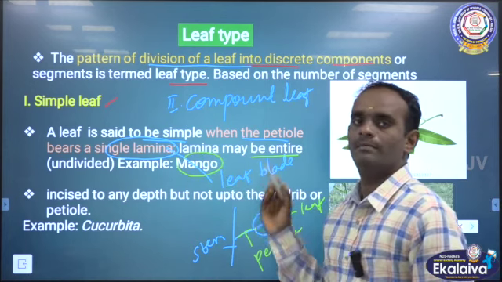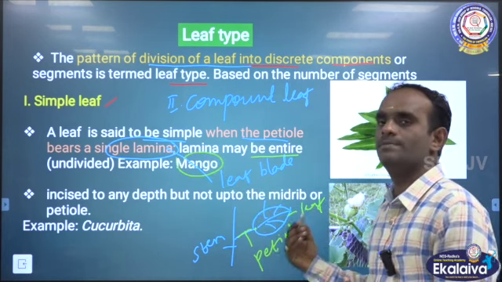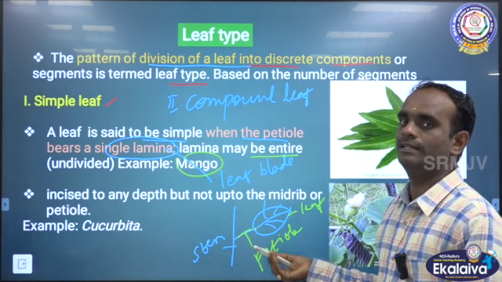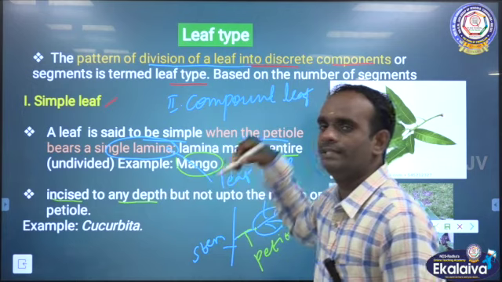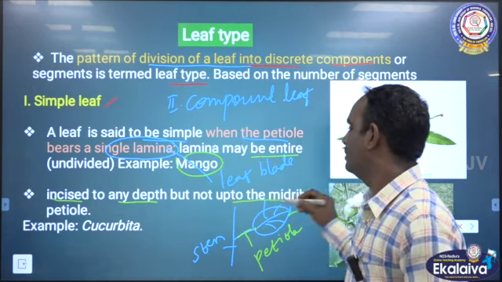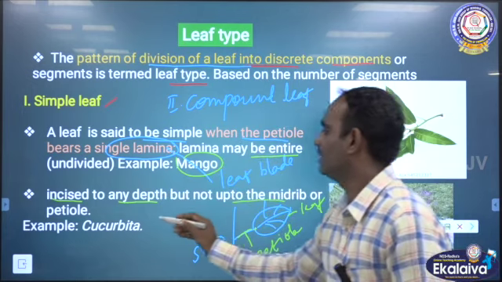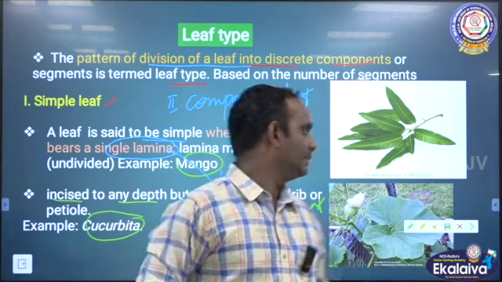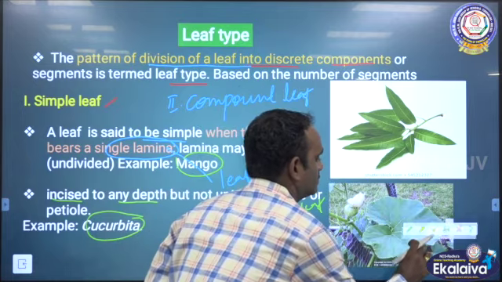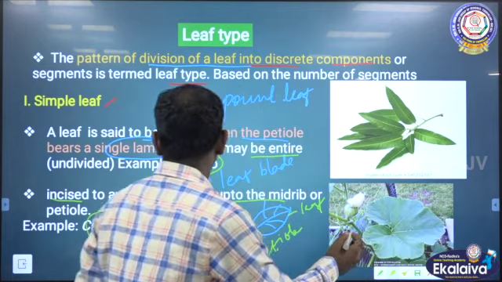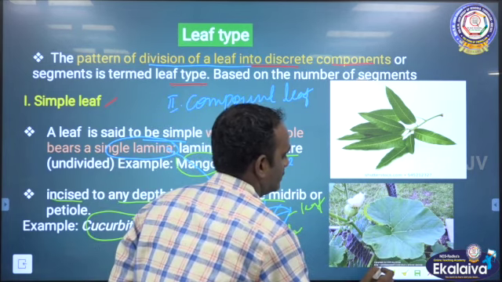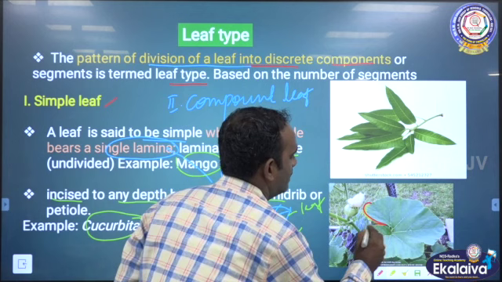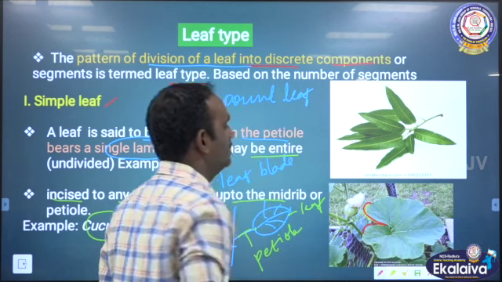Example, mango. In the same simple leaf, there is a second example, incised to any depth, but not up to the midrib or petiole. Example, cucurbita. See the picture of cucurbita, children. There will be incised depth, not up to the petiole level.